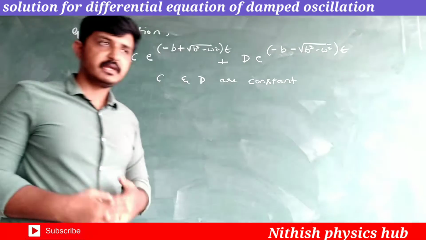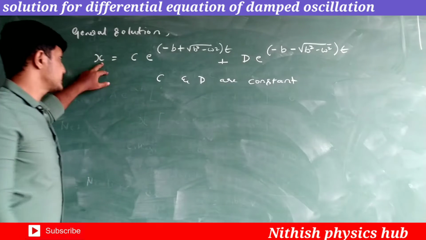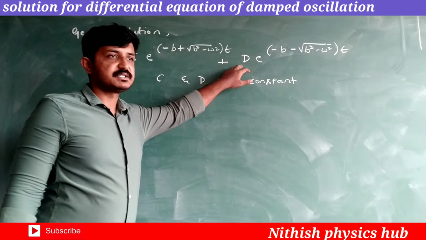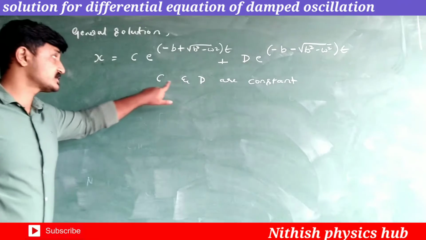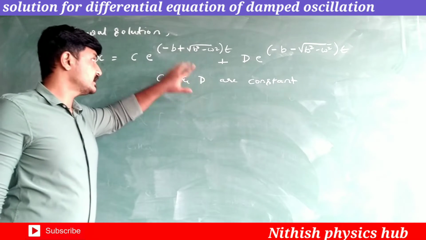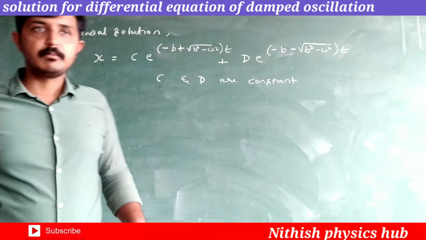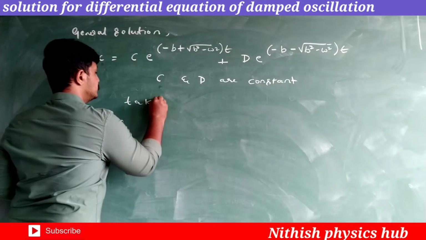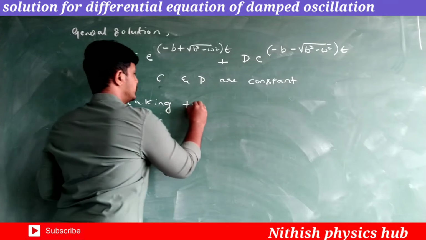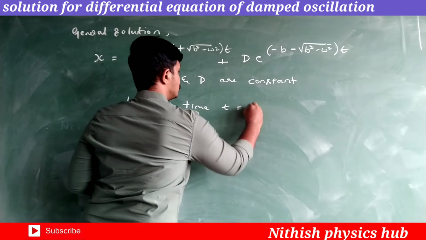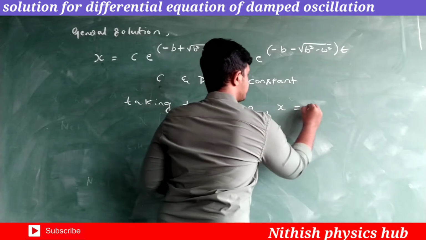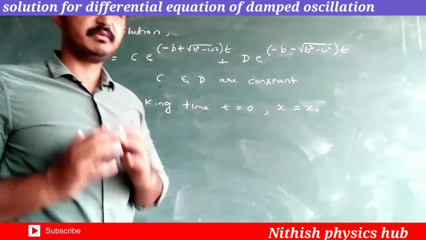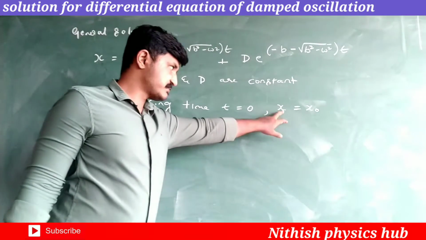So the entire solution for the equation, which is the general solution, is already found. This entire equation is the actual solution, but I need to find the constant values of c and d. Then only the solution will be complete. Now I take time t is equal to 0 and displacement x is equal to x naught, the initial position, as the starting point.